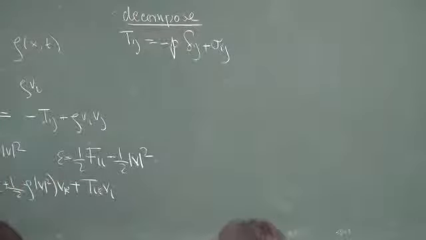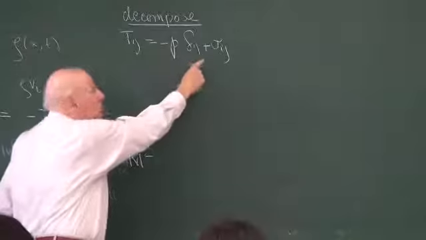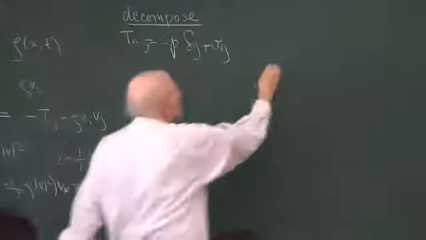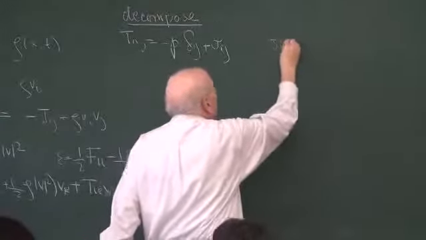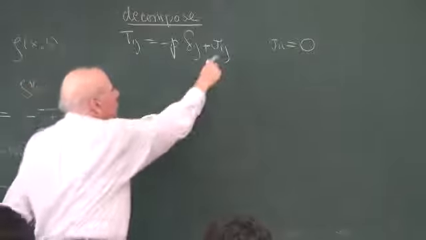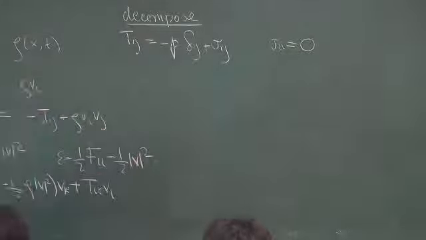If you want to think in terms of matrices, T is some multiple of the identity matrix plus a leftover piece, and we make the leftover piece such that its trace, sigma_ii, is identically equal to 0. So it has a traceless part, and all the trace information is in the first piece.